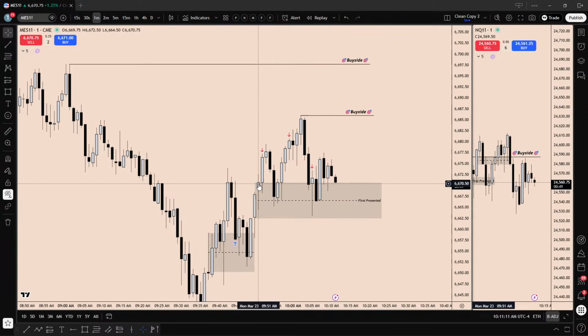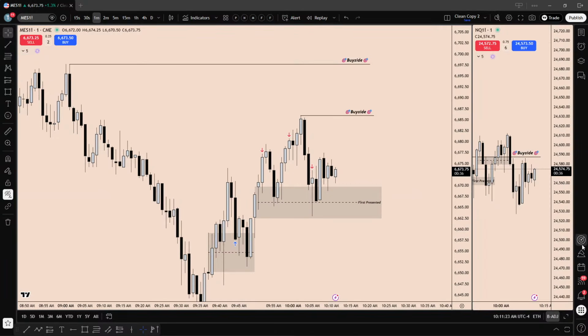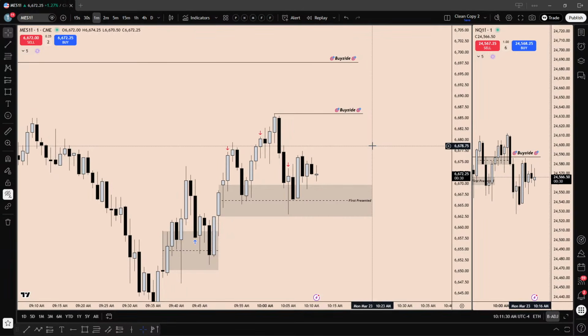Obviously, the actual first presented fair value gap itself will be here. Oops, right, it's this very minuscule one. We're just pulling this whole thing because we want to use the actual suspension block. So we'll watch that. Give me a sec, I'm gonna reload the drink.